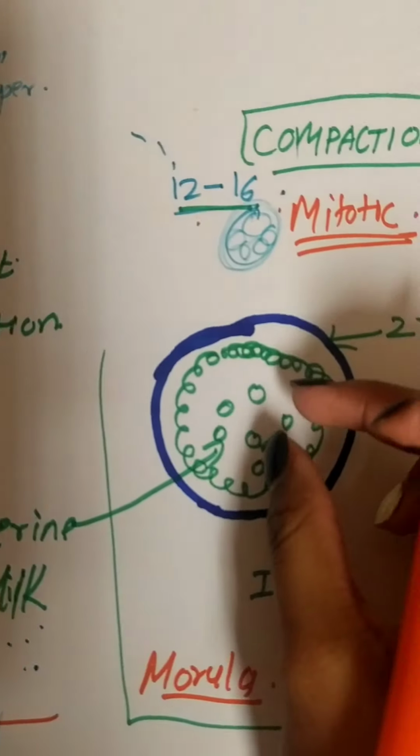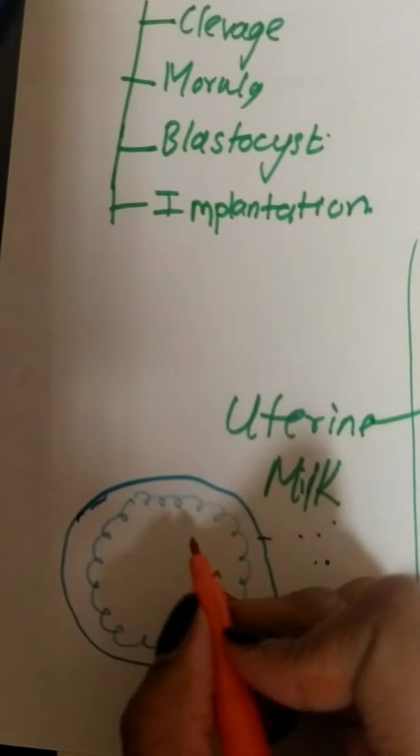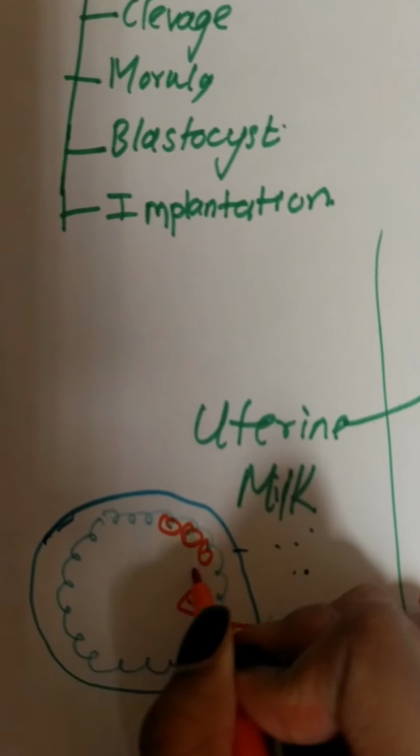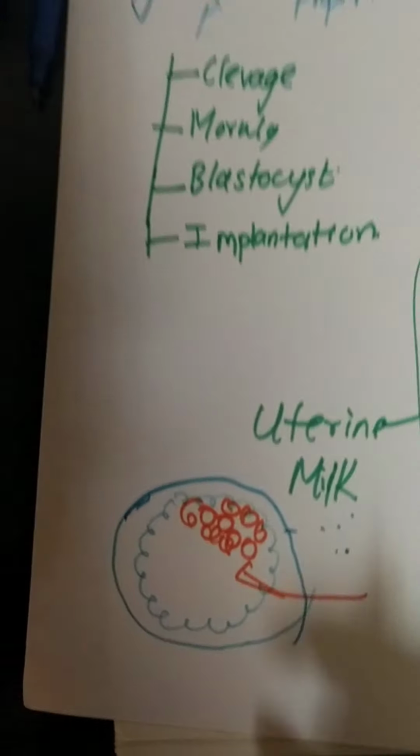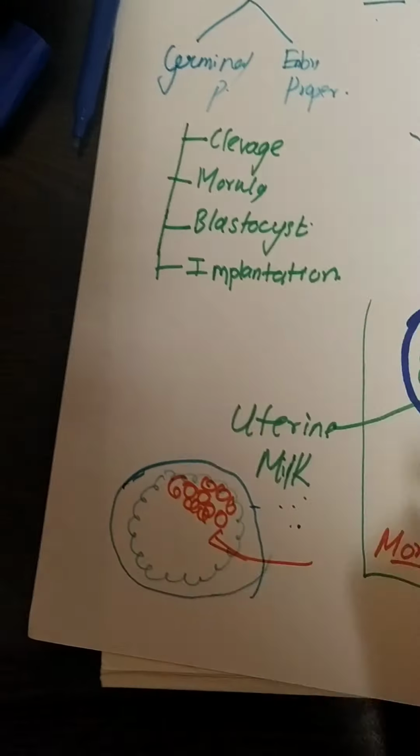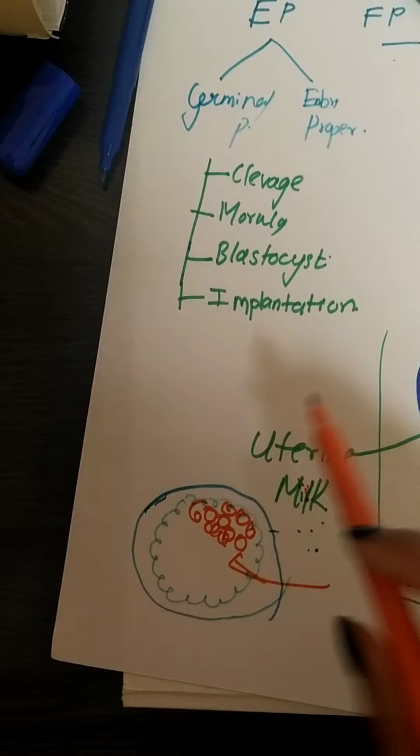The cell layers all get collected into one side due to the uterine milk.